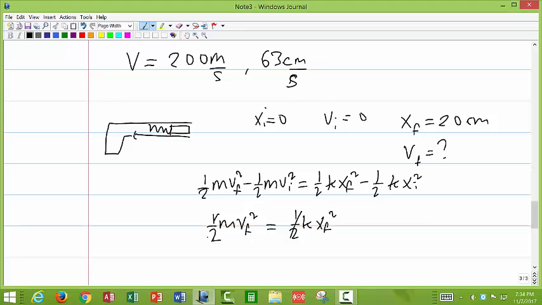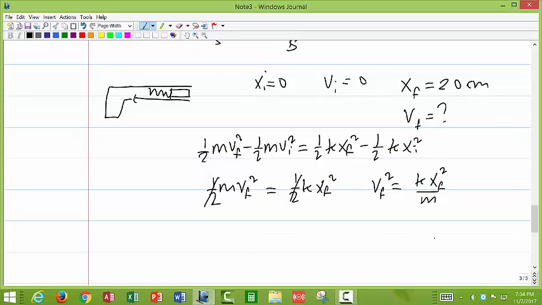Remove the halves, so v final squared is just equal to k x final squared divided by mass. You can take the square root of that to get v final, which is the square root of k x final squared over m.